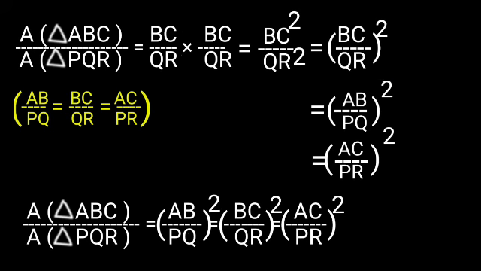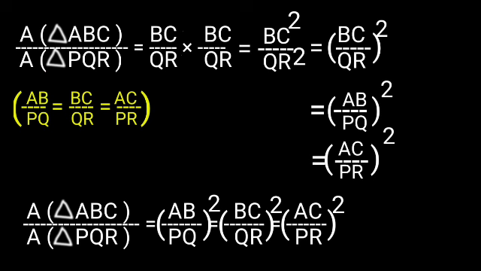But we know that if two triangles are similar, then their sides are corresponding. Triangles ABC and PQR are similar. Hence we know that AB upon PQ is equal to BC upon QR is equal to AC upon PR. Instead of BC upon QR, we substitute the value AB upon PQ.